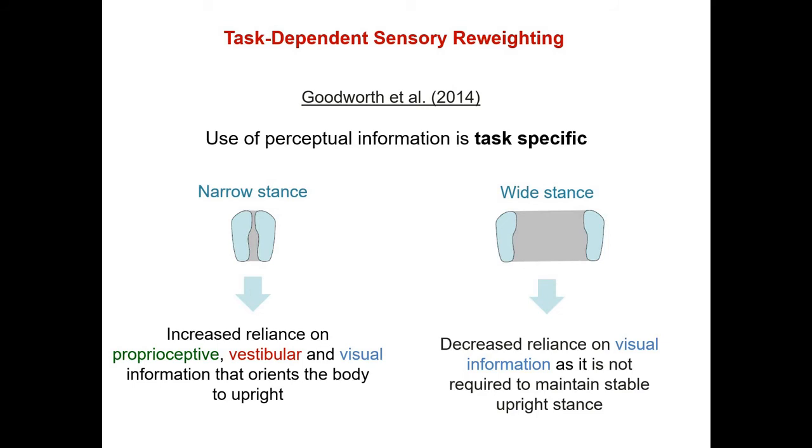In this condition, the wide stance increases the biomechanical stability of posture. This means that information from the senses is not needed as much to regulate posture. This stable stance then frees up vision to be involved in other functions.